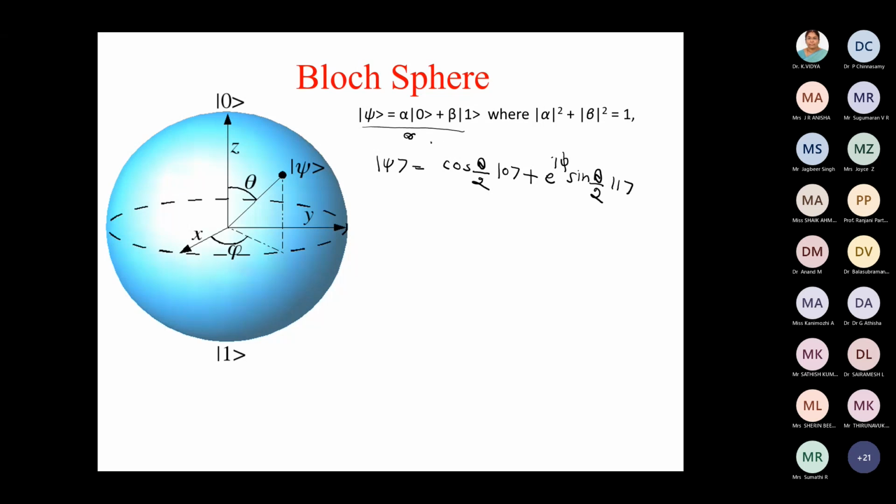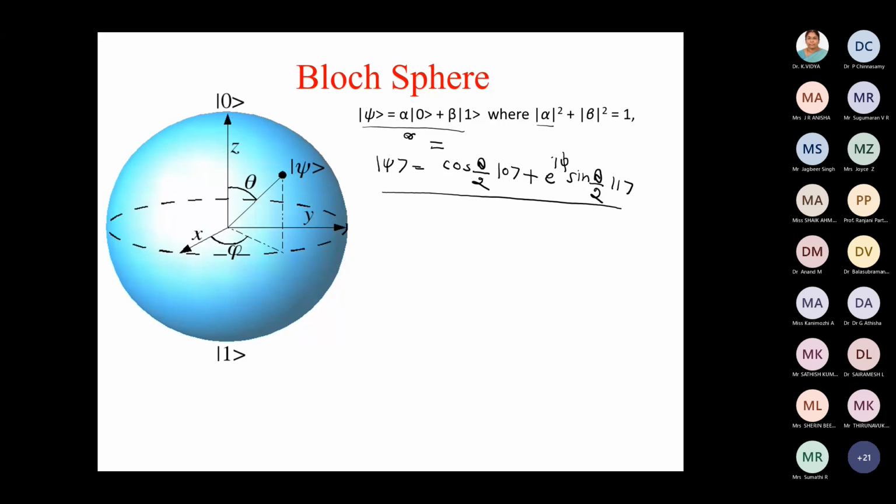So I am saying these two things are equal. This alpha times 0 plus beta times 1 is equal to this, because what we require is that the coefficient squares sum to 1. Here, cos squared theta by 2 plus the square of this term. If you know the identity, cos square theta plus sine square theta is always 1, and e power i phi squared in modulus is also 1.